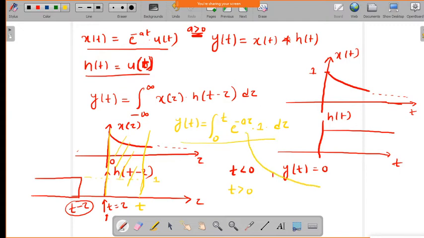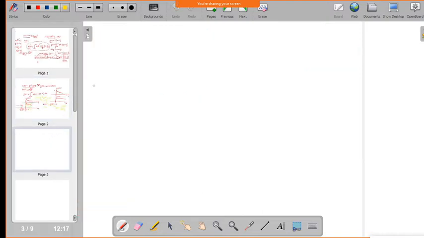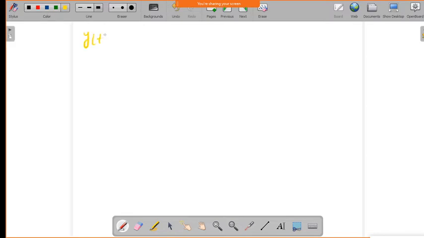So what is the resultant output signal, y of t? If you evaluate the integral, it is e power minus a tau divided by minus a, where the limit exists between 0 to t. Now what is the final value of the result? y of t will be equal to 1 over minus a, keeping it as it is.